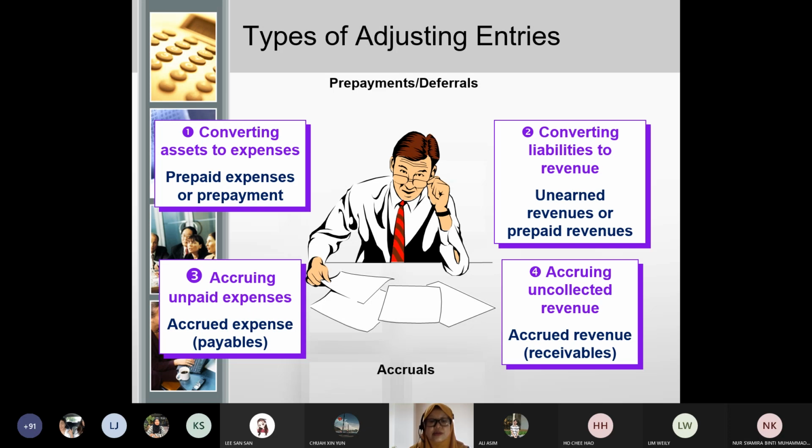As you can see here, accrued expenses are also called payables, and prepayments we also call deferred. Prepaid or deferred. There are many terms that can be used, but it's the same thing. So please try to get familiarized with these different terms.